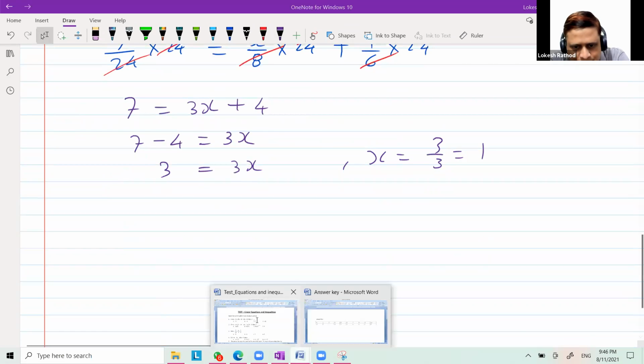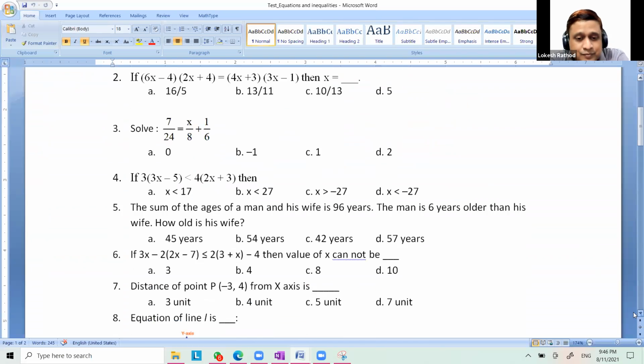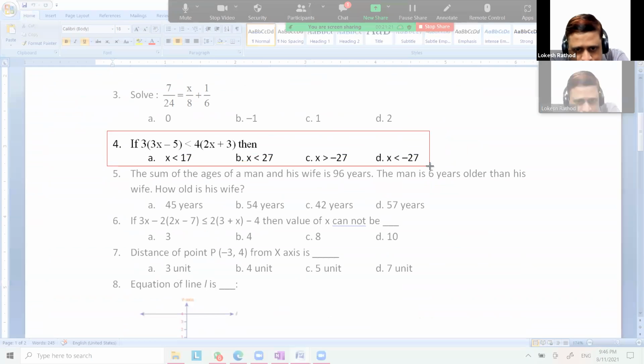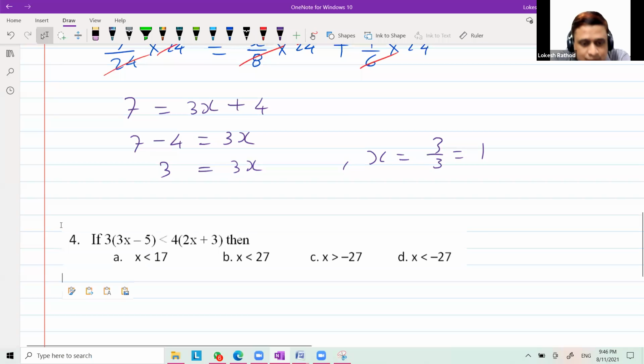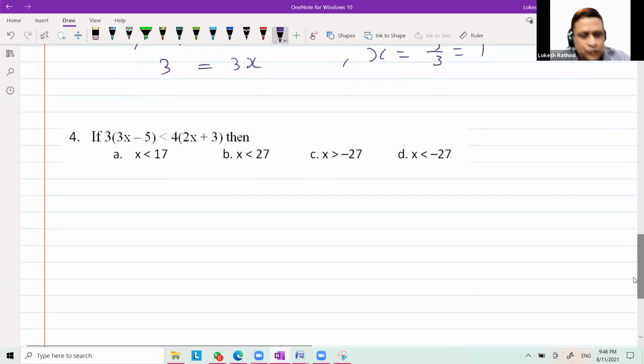Now next we have the fourth. So now the question is of inequality, right? So what we do, we first simplify. So it is 3 times 3x, 9x, minus 3 times 5, 15, right?